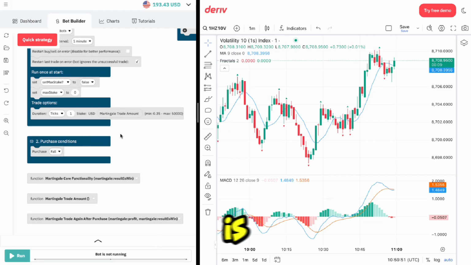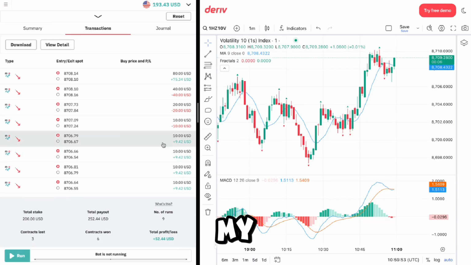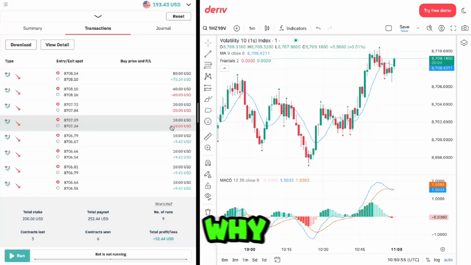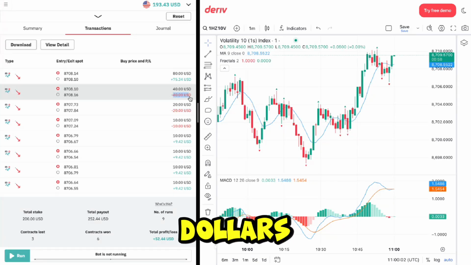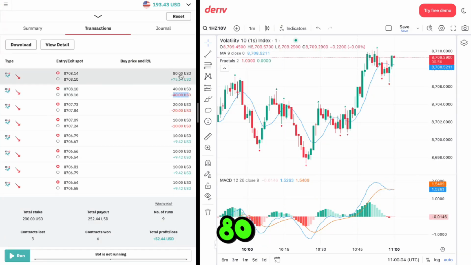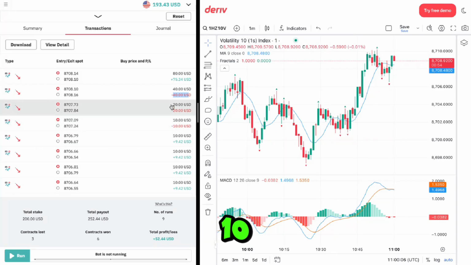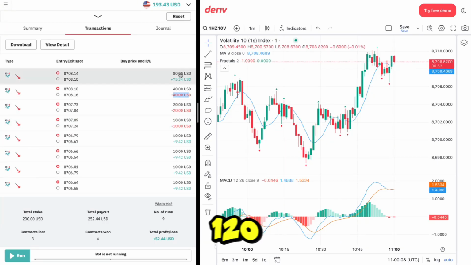If the martingale size is 2, it means it will multiply my stake by 2. So that's why I went $10 loss, it went to $20 loss, it went to $40 loss, and then it went to 80. If it was 3, this would have been 10, 30, 90, 120.